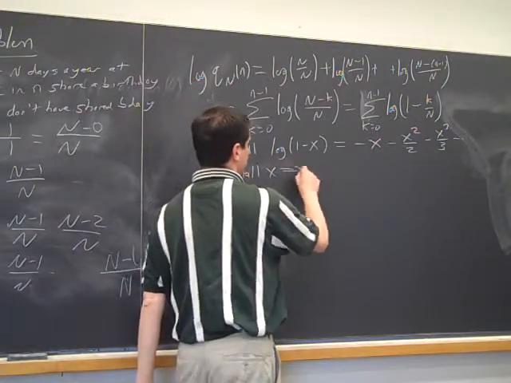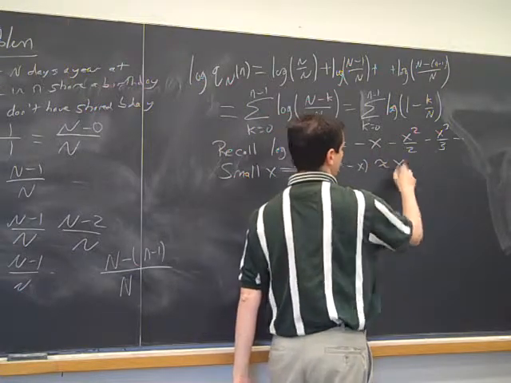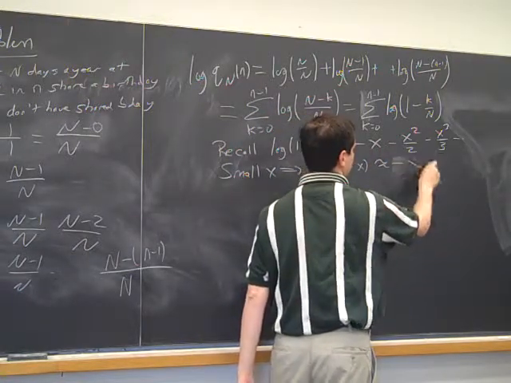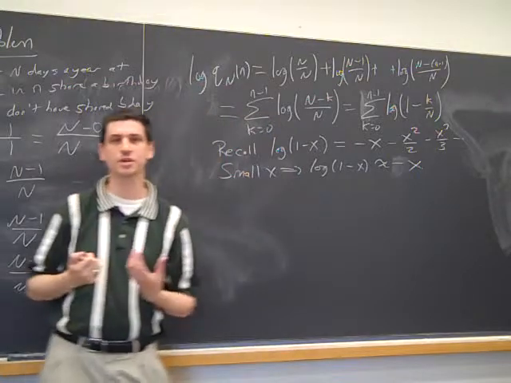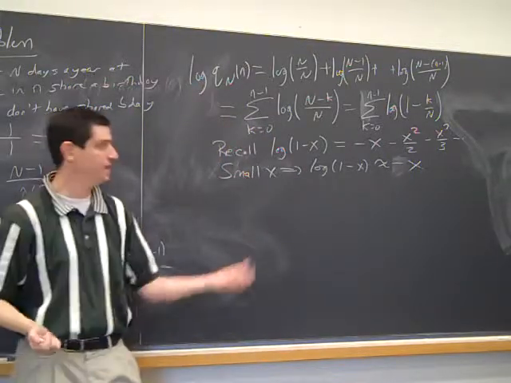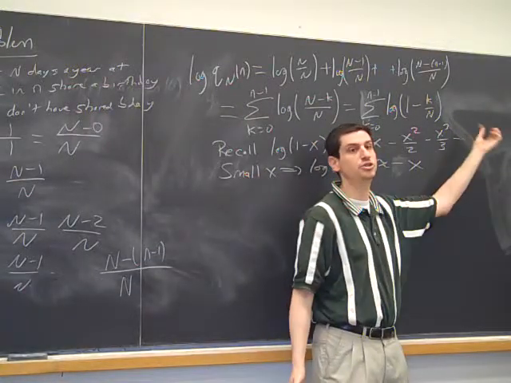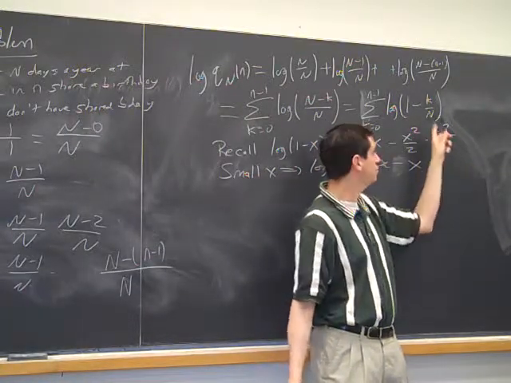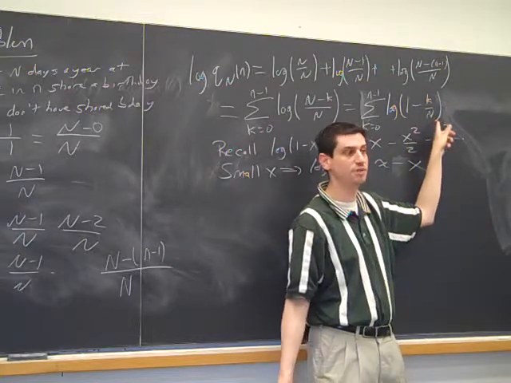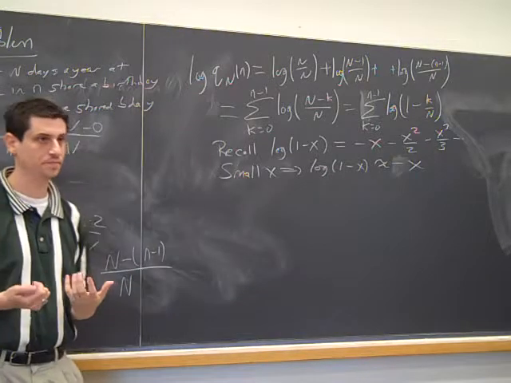Is that a perfect approximation? No. Is it a pretty good approximation? Yes. If x is small, x squared is much smaller, and x cubed is even smaller. As long as k is small relative to n, as long as we don't need too many days, we should be okay.